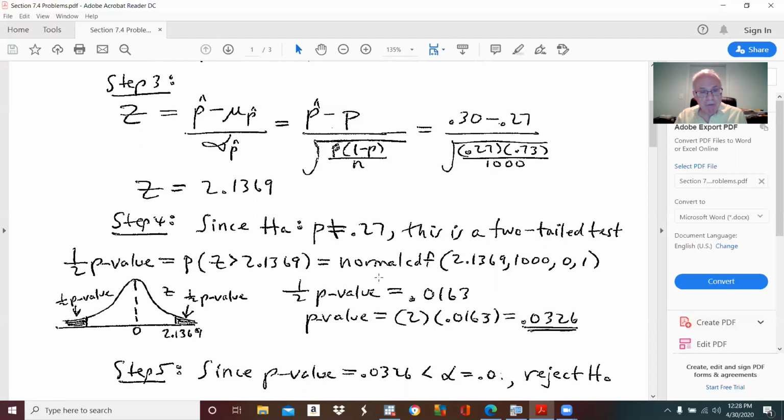We use normal CDF because it's a z. And because it's greater than, we put our lower limit as the 2.1369, that's our test statistic. Again, I'm going to use a big positive number for my upper limit, 1,000. And then the mean is 0, standard deviation is 1. So 1/2 the p-value, when I hit enter, is going to be 0.0163. Remember, with the two-tailed test, I have to multiply this area by 2, and I get 0.0326.